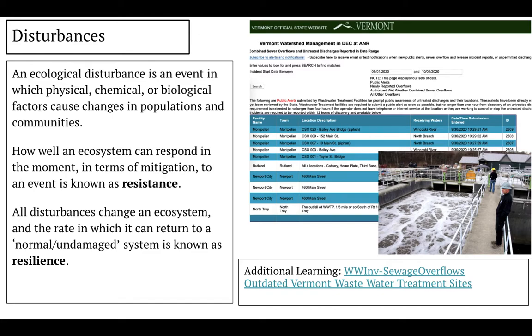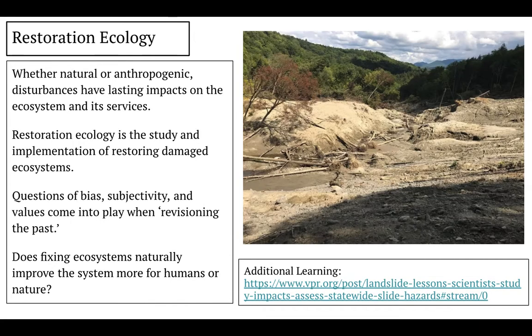So what happens when there's too much sewage or too much rainwater for the facilities to cope with? It's all dumped into our watersheds, which is causing some level of biogeochemical cycling and disturbances in Vermont.